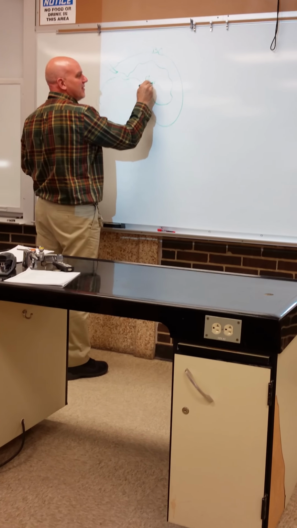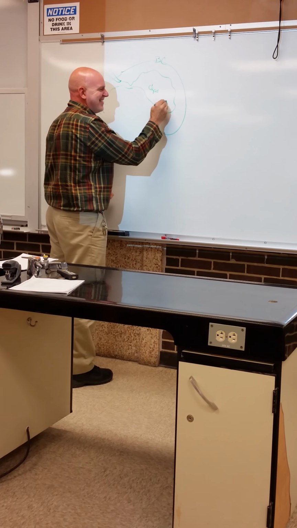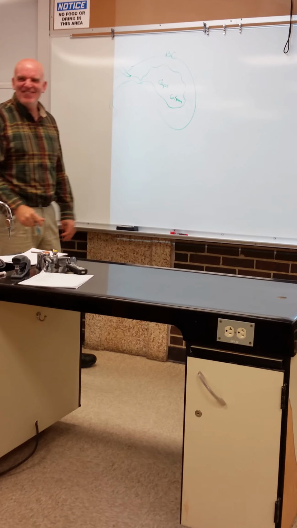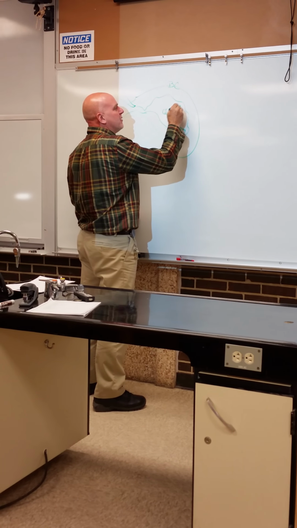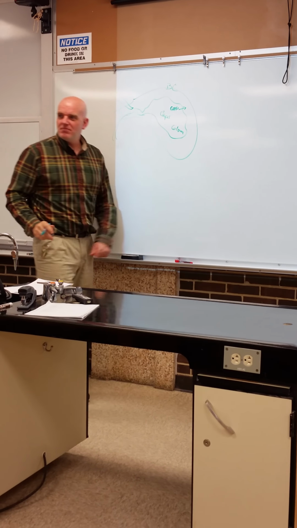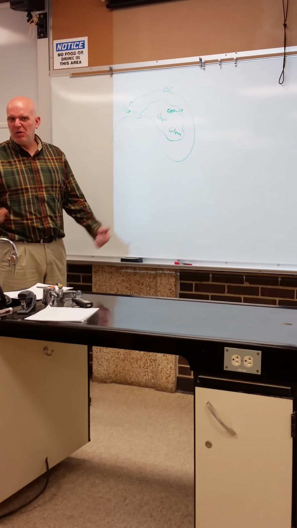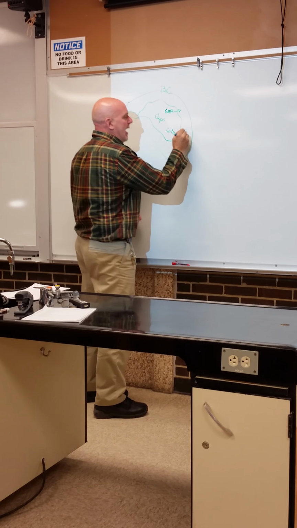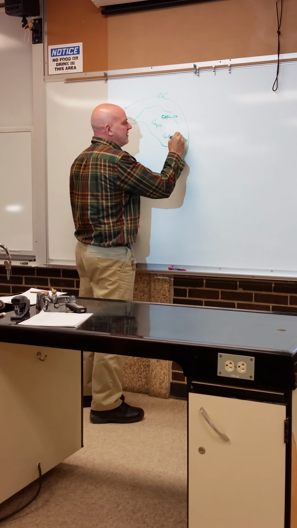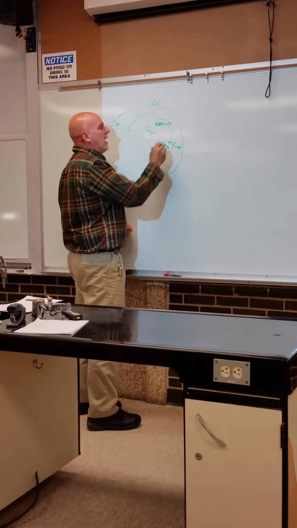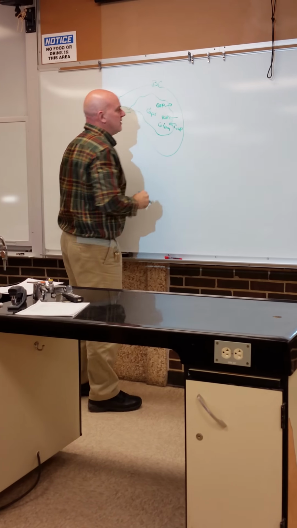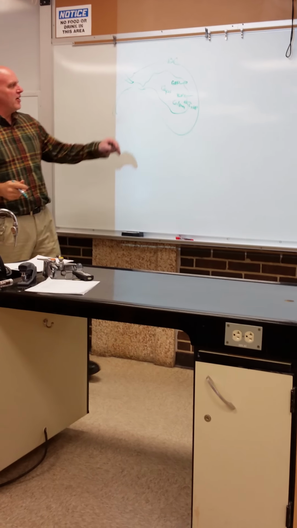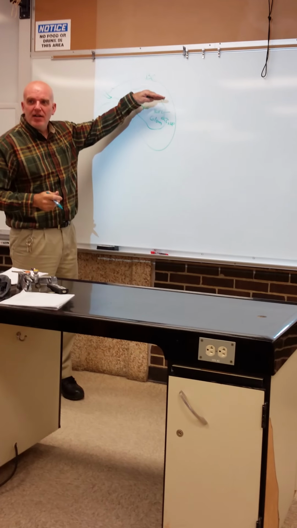This is my glomerulus. So I have a glomerular hydrostatic pressure pushing out. Put a number to it. I have a capsular hydrostatic pressure pushing in. I also have a blood colloid osmotic pressure. So my net filtration pressure is the outward minus the sum of the inward.